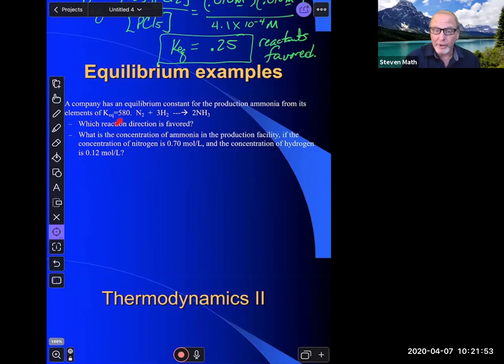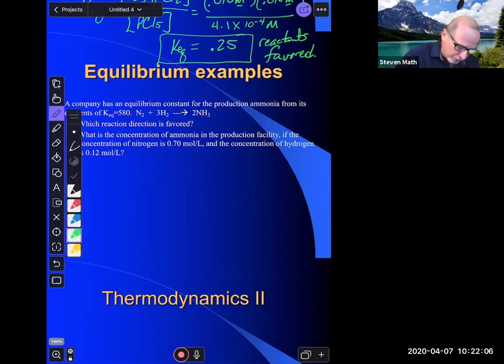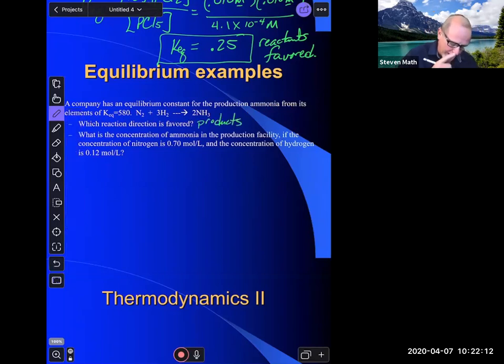That's a big number. So when I put N2 and 3 H2s together, this is going to proceed towards the ammonia side. It asks which direction is favored. No problem. Products are favored big time.